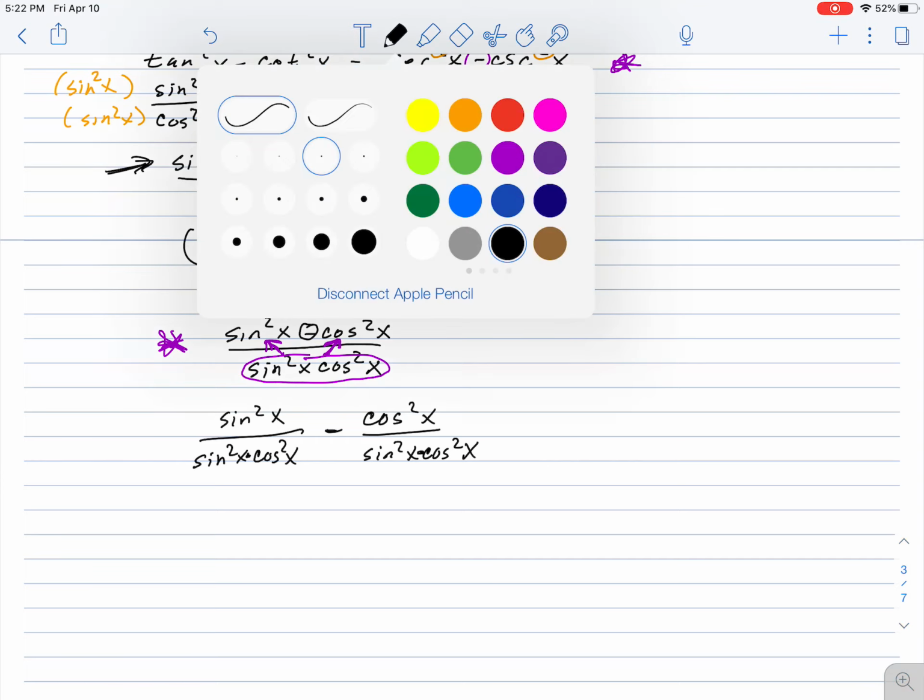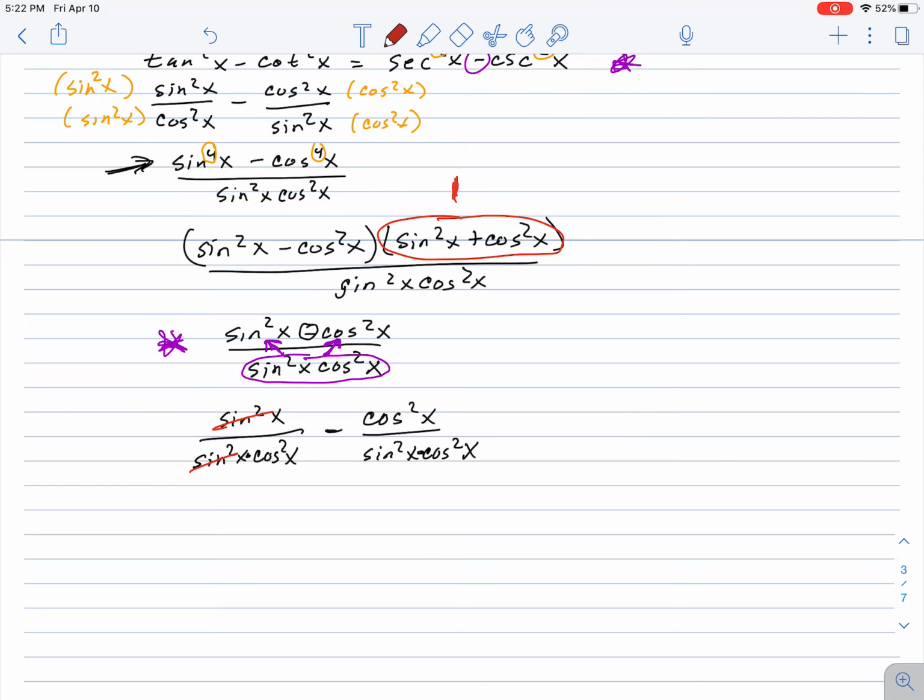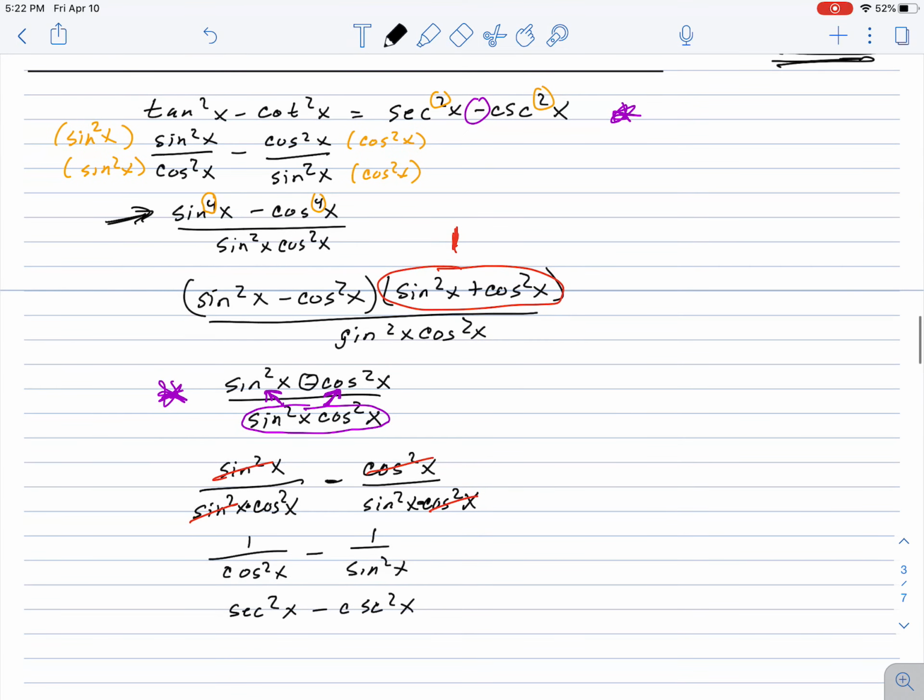Everything's multiplication now. And so I can cancel the sine squared x, I can cancel the cosine squared x. And this is left with 1 over cosine squared minus 1 over sine squared, which is secant squared minus cosecant squared, which is what our right-hand side was up here.